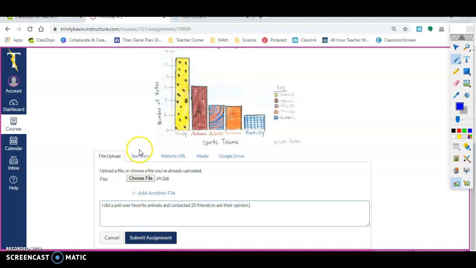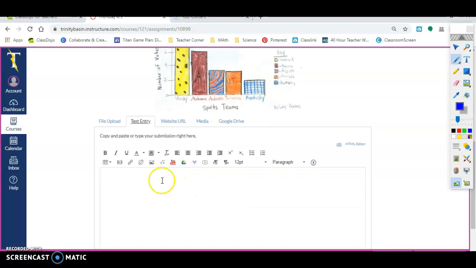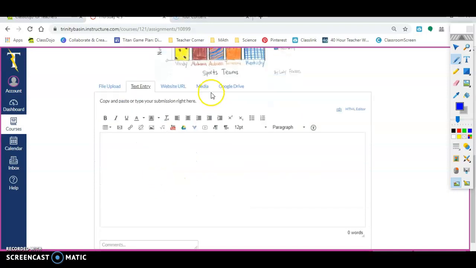That's one way. Another way, text entry. This will be a little hard for at least this assignment, but if you needed to type something up some other way because you can't take a picture for whatever reason, you can. You can do something like tell me what you did, your favorite zoo animal. You can list out your things. You can make your chart somehow this way too if you need to.